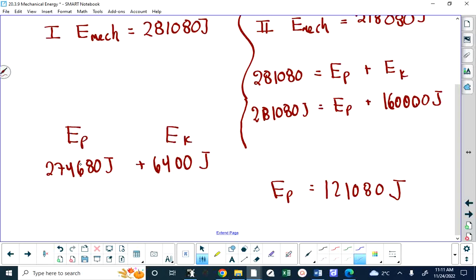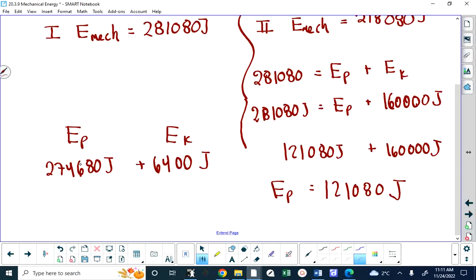At point 2, this is the distribution of potential and kinetic.